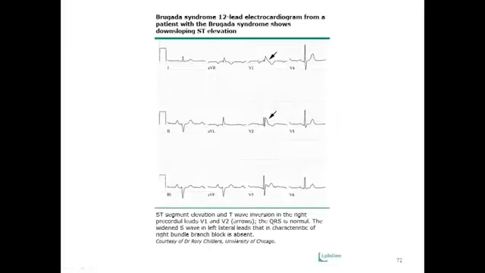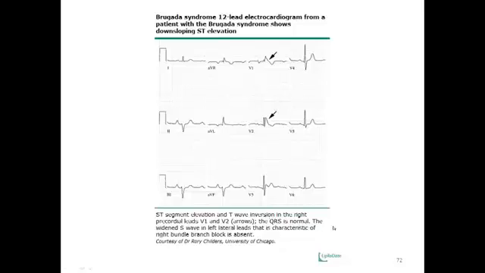This is just a mention of Brugada syndrome. You want to pay attention to your EKG. I've seen one in my career, actually I saw two in the last 12 years. You get this ST segment elevation and a T-wave inversion in the right precordial leads, particularly V1 and V2.